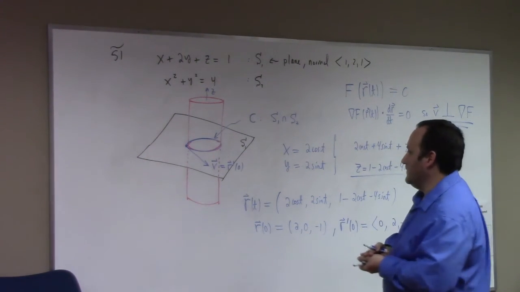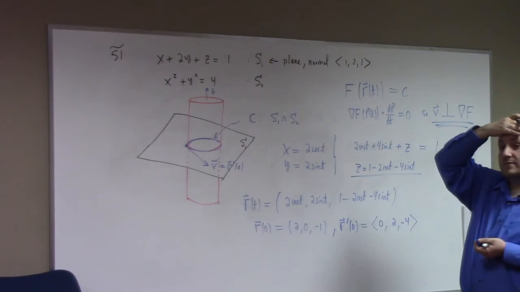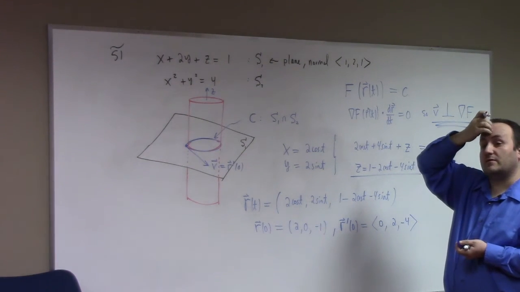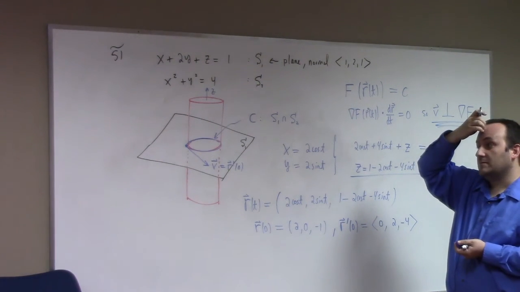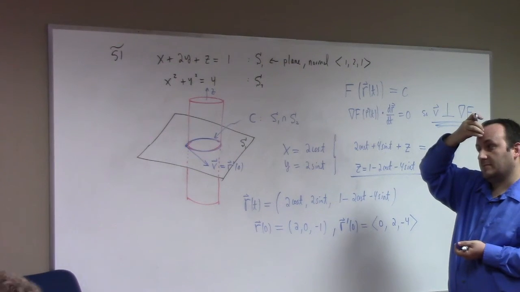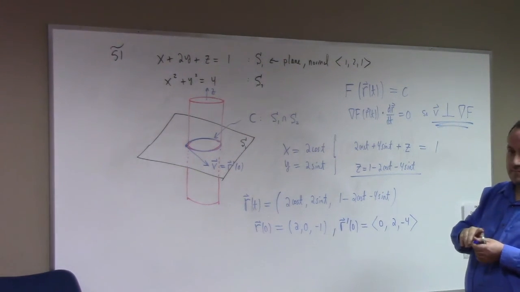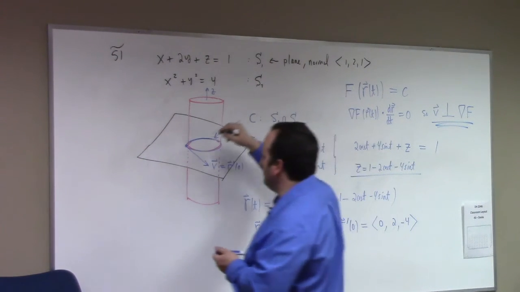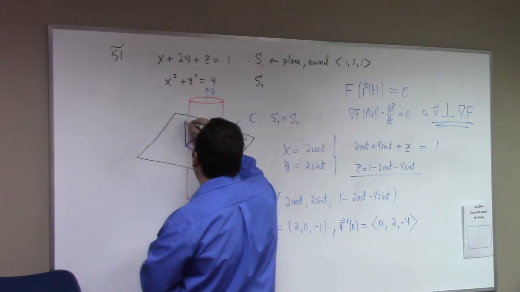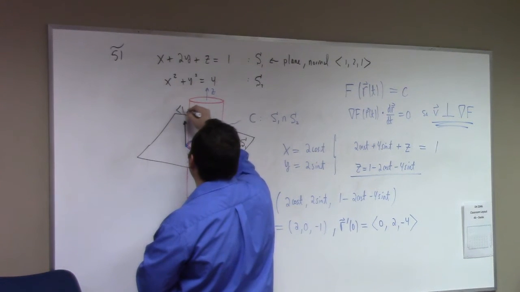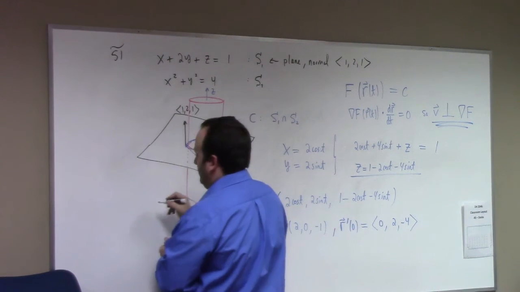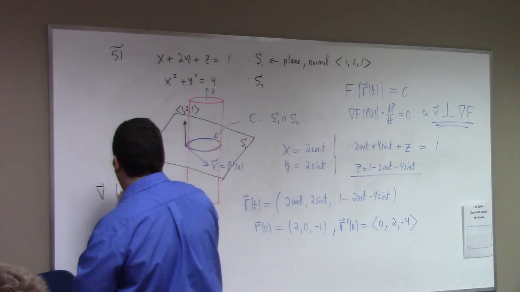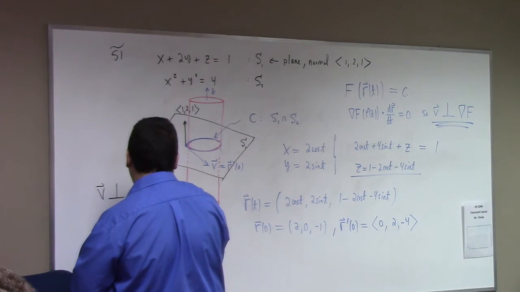So that velocity vector should be perpendicular to what gradient vectors in this example? What's the normal to the plane? 1, 2, 1, right? So we should have v perpendicular to 1, 2, 1.